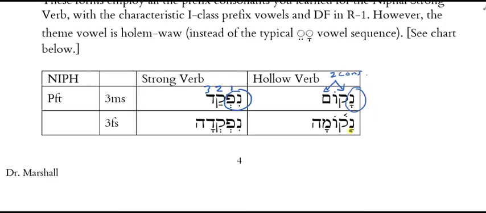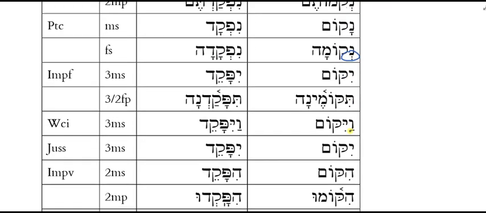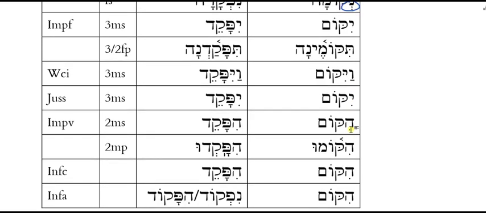So let's just take a look at these forms and contrast them with the strong verb. Okay, so for yippakad, for the imperfect, I get yikom for the hollow verb kum. Same yod, same I-class vowel, same doubling dot, okay? But I only have 2 consonants, so I can't add 2 syllables here like I can here with pakad, yippakad. So I just go to the Holam Vav, yikom.